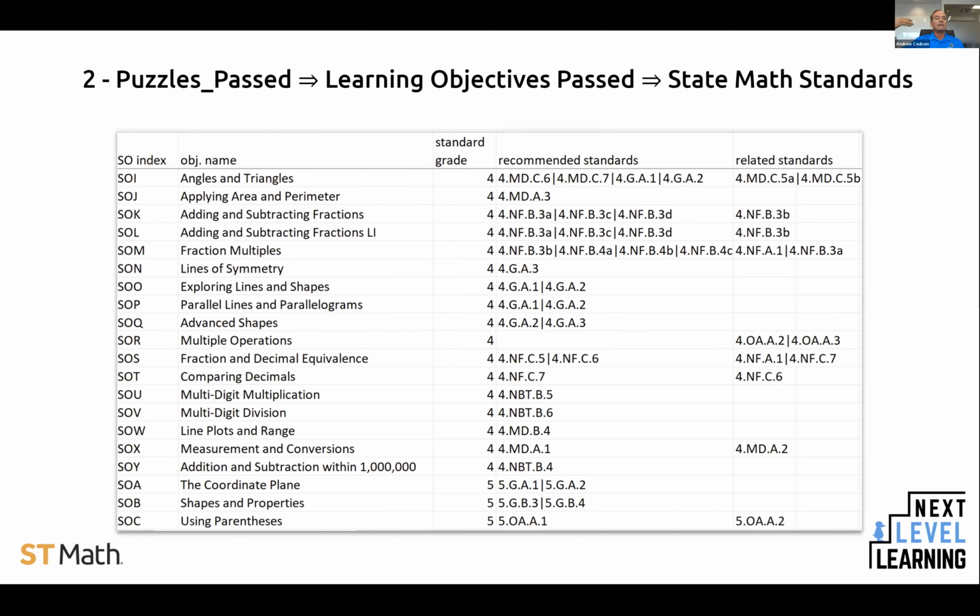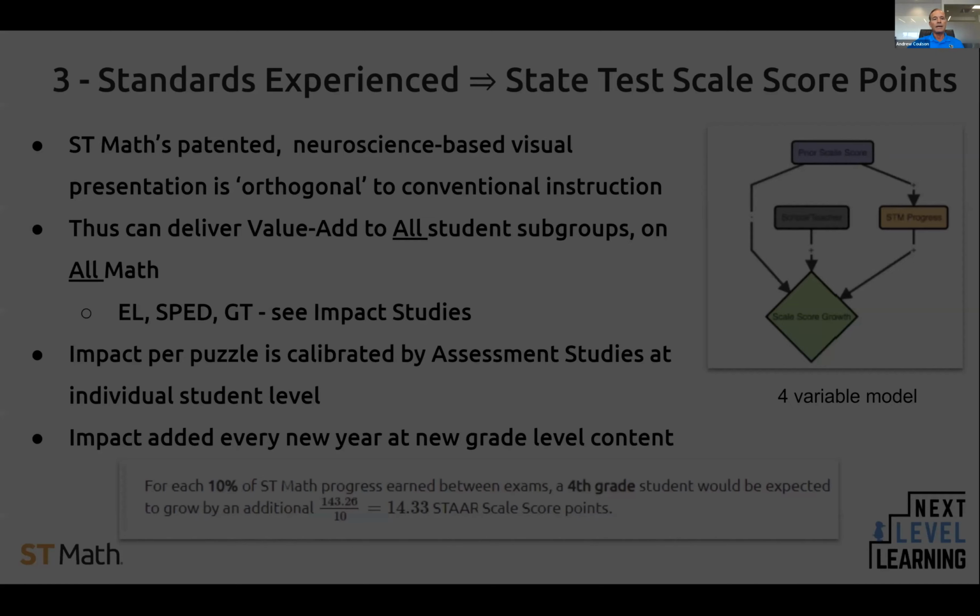In fact, they're different learning objectives, and you're collecting that STMath experience. Here's just a snippet of a bunch of grade 4, and at the bottom grade 5, learning objectives and the aligned standards.